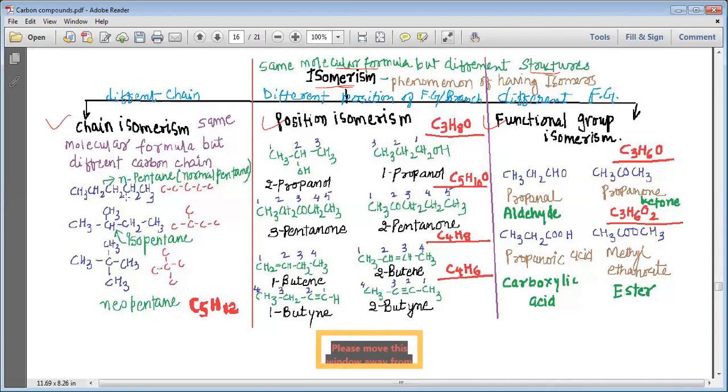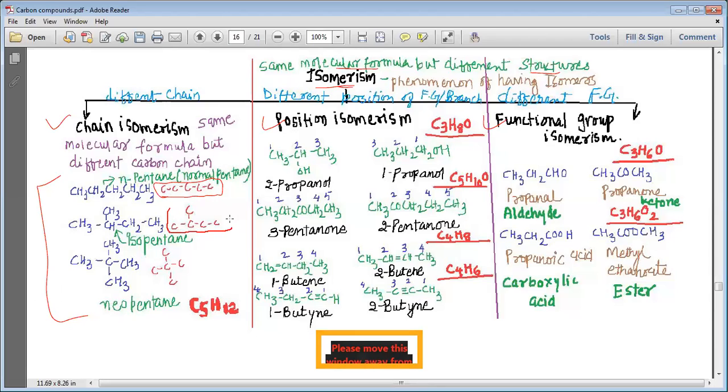Chain isomers have various arrangements of the carbon. For example, if you think about pentane, which has 5 carbons, these 5 carbons can be joined in the same line.